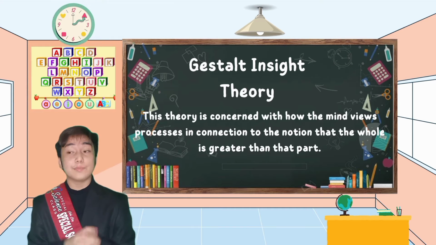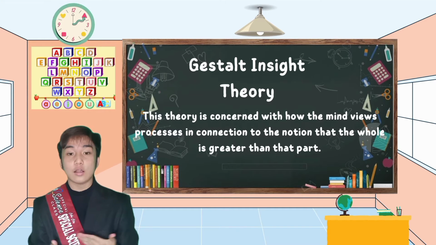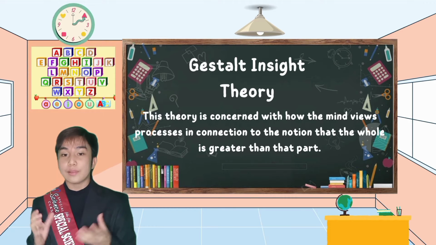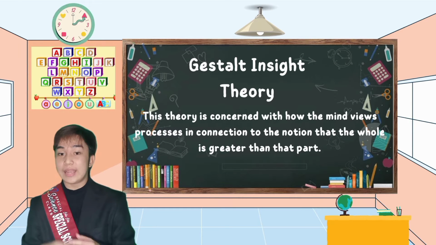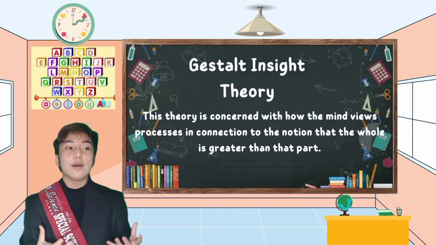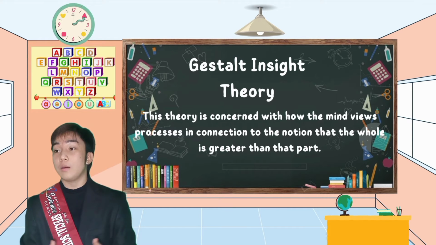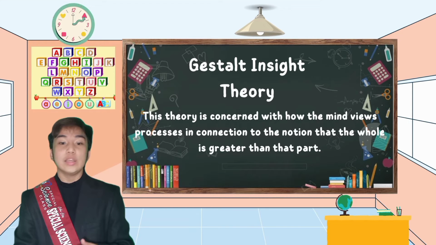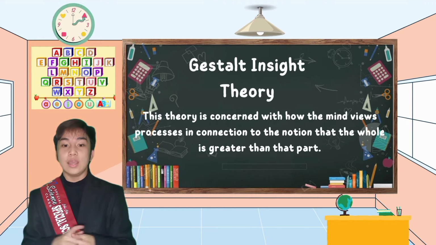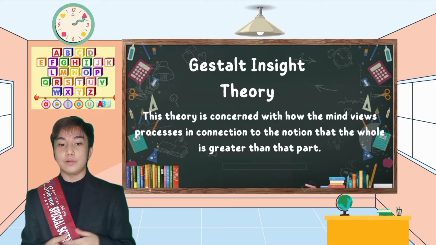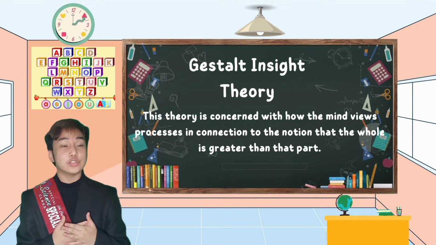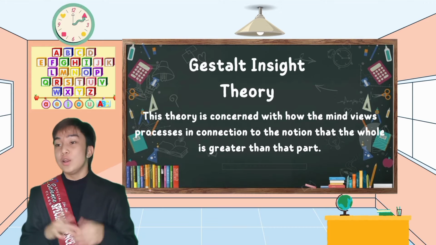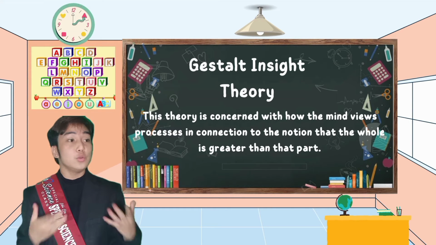Based upon this belief, Gestalt psychology developed a set of principles to explain perceptual organization, or how smaller objects are grouped to form larger ones. These principles are often referred to as the laws of perceptual organization, which means a unified whole.